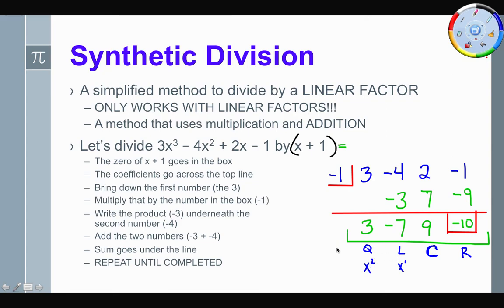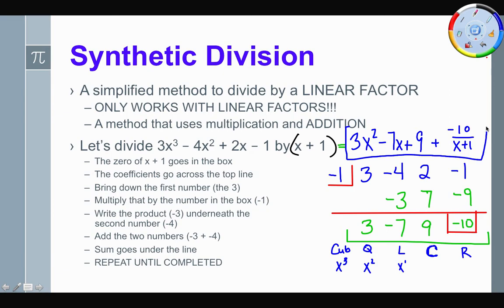If you had another number, this would be your cubic. What I mean by that is it's actually your coefficients. So my answer here would be 3x squared minus 7x plus 9 with a remainder of -10 divided by that x plus 1, the original piece.